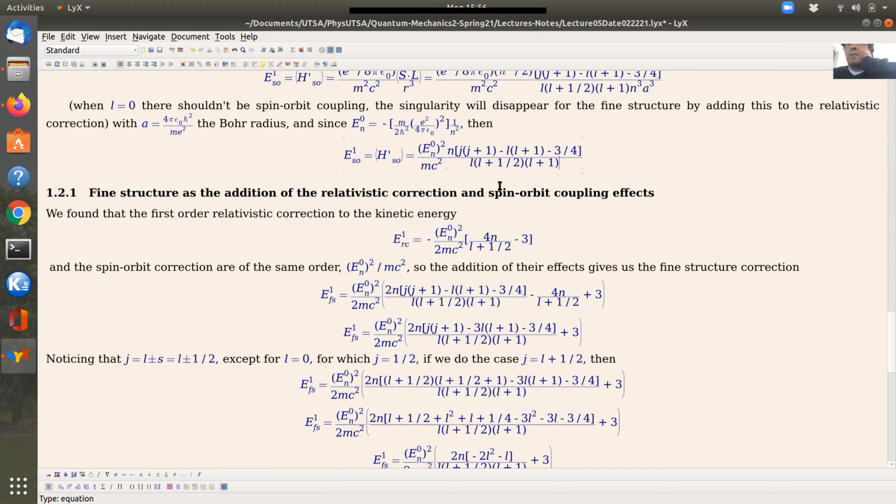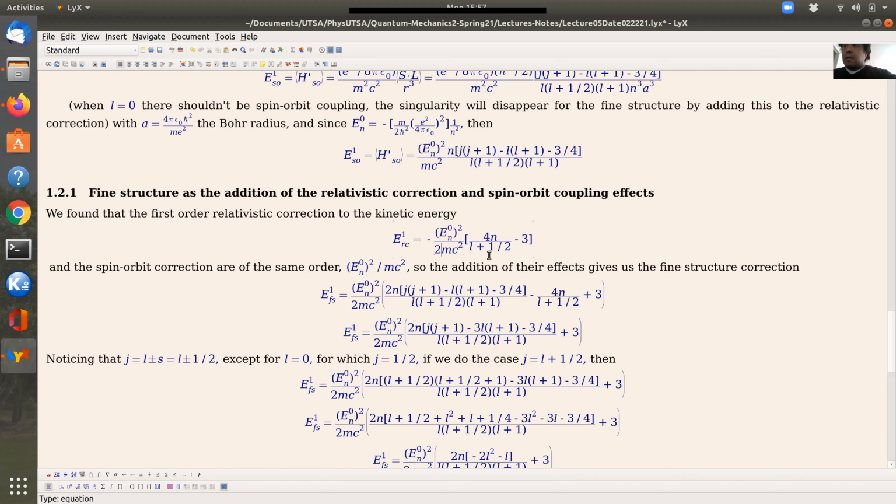Okay, we have this dependence on quantum numbers, but this is proportional to the square of the unperturbed energies divided by mc squared. And the same factor actually appears when you remember what we obtained for the relativistic correction to the kinetic energy. So we also have a factor like that. Of course, we have a different function of quantum numbers. There's a factor of 1/2, but roughly they are of the same order.